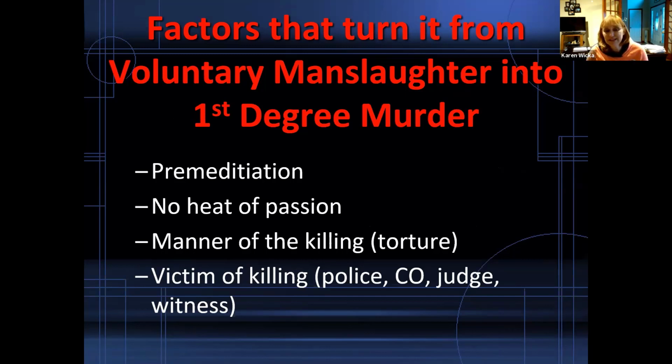How was the person killed? If there was extensive torturing and things like that, it's going to go up to first degree. And then also a lot of times they look at the victim of the killing. So was it a police officer, a correctional officer, a judge, or a witness? If the actual victim is one of those things, we're going to raise it back to murder first degree.